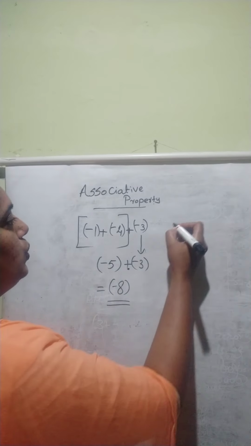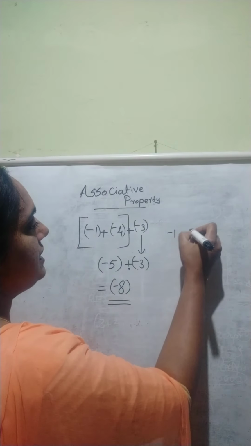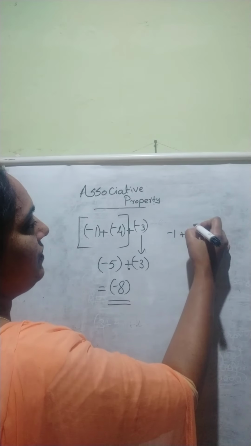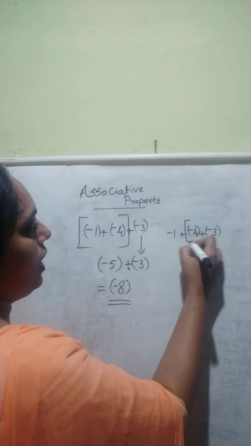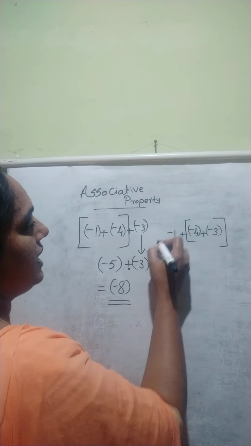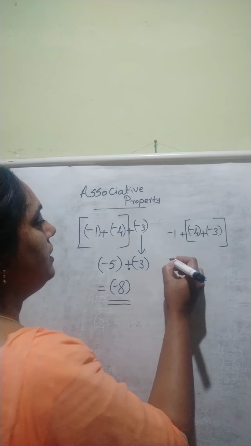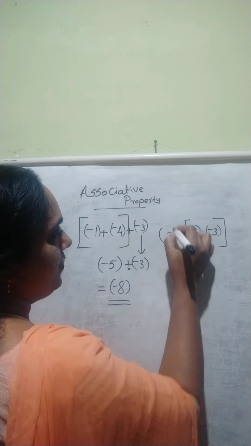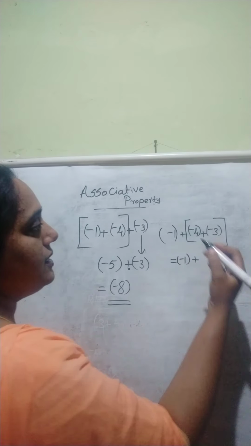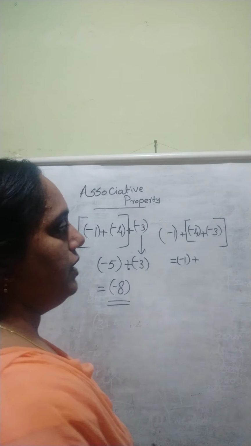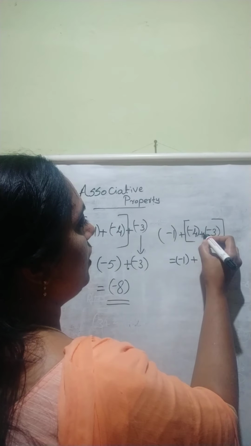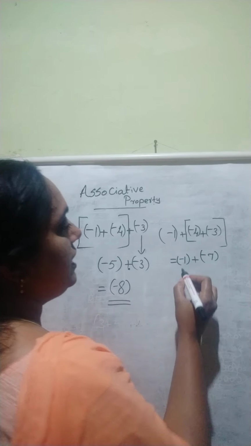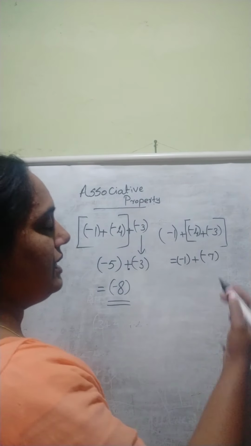The bracket was for negative 1 plus negative 4. Next we can do negative 1 plus negative 4 plus negative 3 with the bracket changed to negative 4 and negative 3. Negative 1 is outside, keep it there itself. So, negative 4 plus negative 3 is negative 7. So, negative 1 plus negative 7.